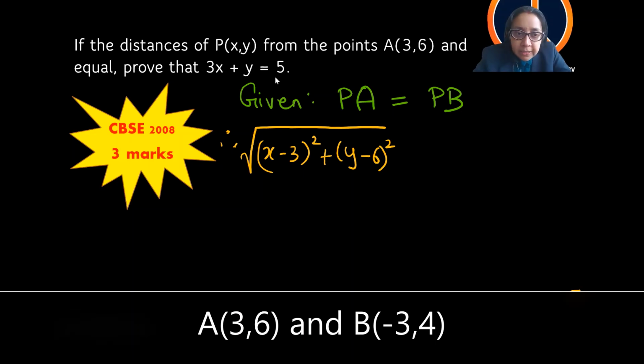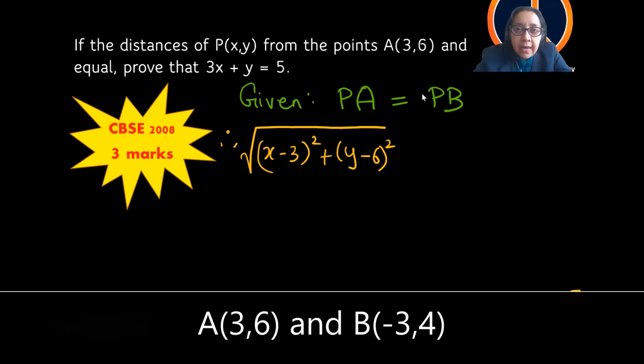And you have to prove this particular relationship between x and y. So that's your question. Okay, so let's apply the distance formula here. x minus 3. Again, just to remind you, you can consider this as x1 y1 and this one as x2 y2 or vice versa, not a problem, but you have to stick to the same order for both x and y.